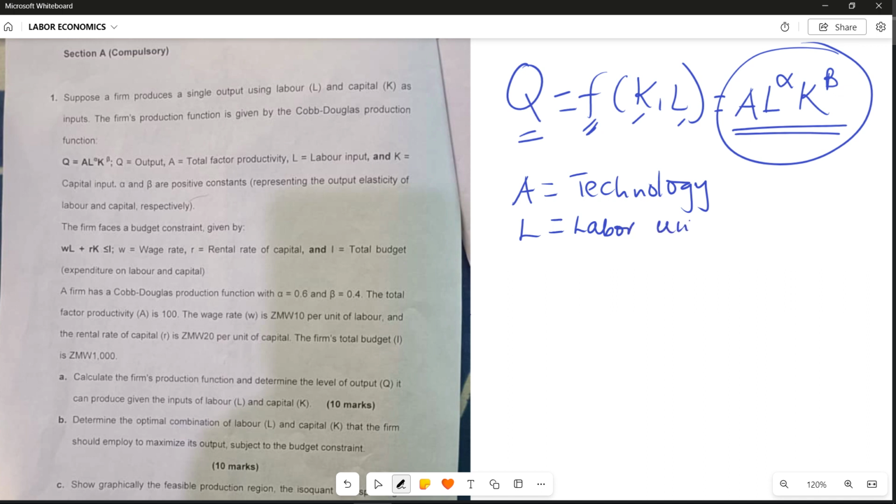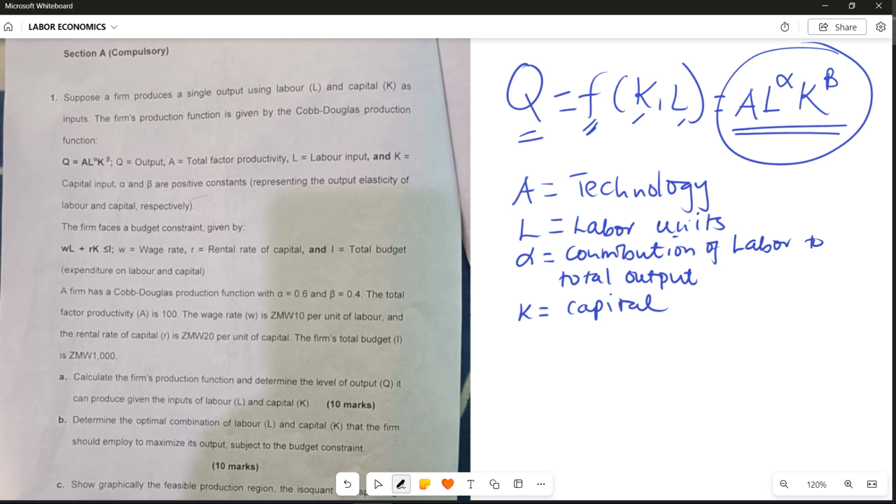Then alpha is the contribution of labor to total output. And then of course K is the capital units, the number of capital units that we are employing, and beta is the contribution of capital to total output. So that's the breakdown of our Cobb-Douglas production function.